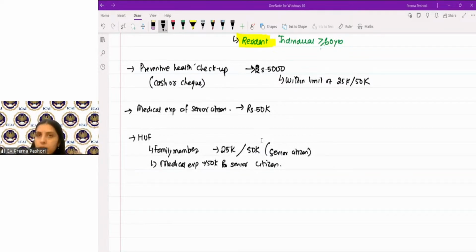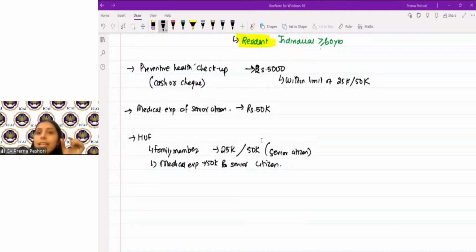Under 80D, you can have 50,000 for the senior citizen, otherwise it is 25,000. And you can have the preventive health checkup payment, which is 5,000, but that is within the overall limit of 25,000 or 50,000. And in case any person is a senior citizen, it goes to 50,000.